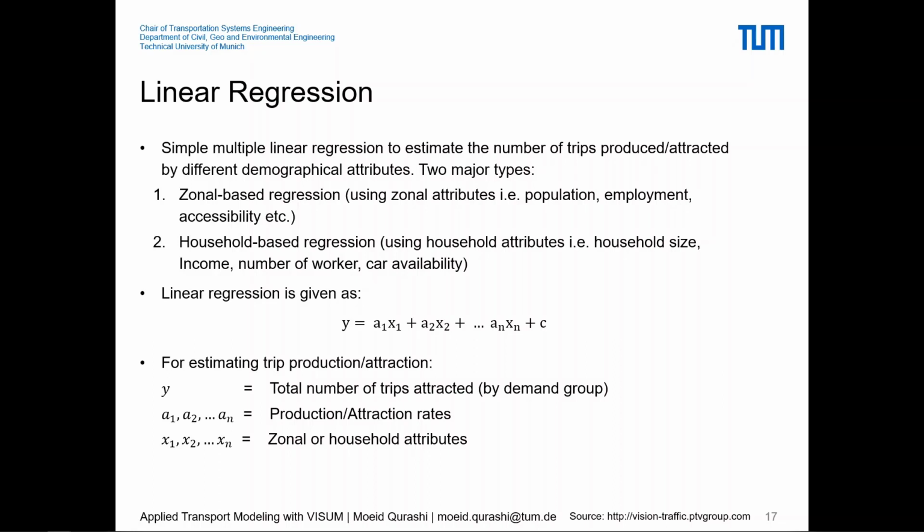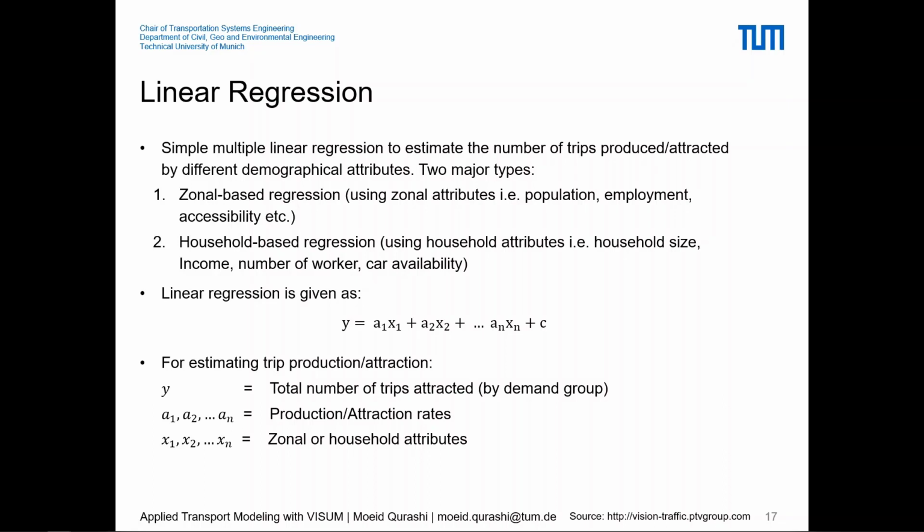So it's actually very similar to cross classification, if you have only one type of attribute. That's why we use cross classification right now in production: we only have inhabitants, that is only one type of attribute, and we can simply divide our number of trips by the number of persons, that is the number of inhabitants, and we get the rate.